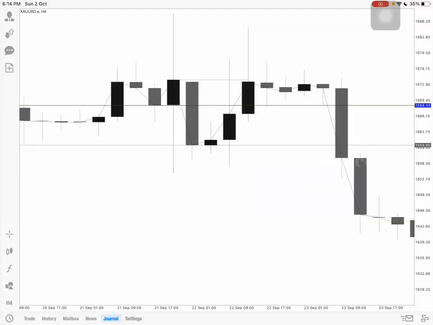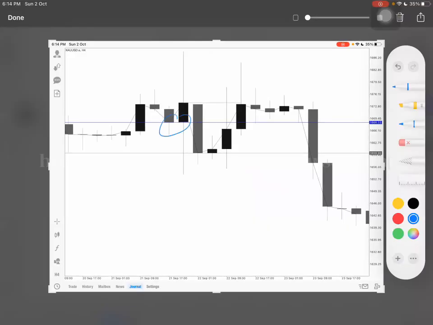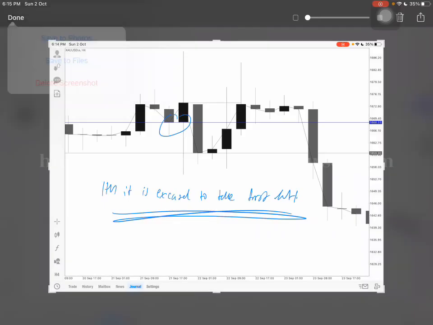Okay. So one thing about HNS, specifically on the H4 only, for your HNS on the H4, it is excused to take first level. But as long as when you open H1, there is another level as well.